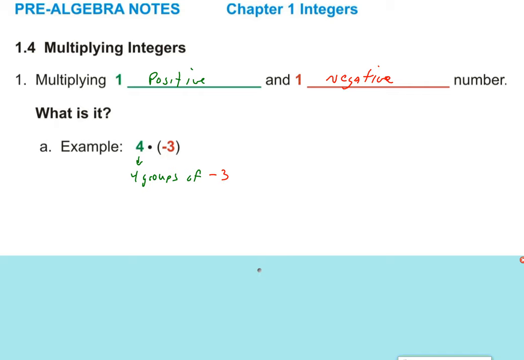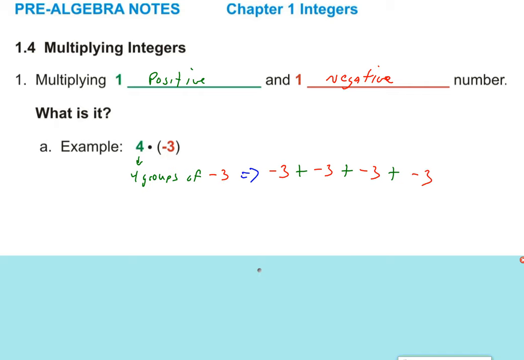So, what's actually going on? Well, we need to write 4 groups of negative 3, which means negative 3 plus negative 3, there's a second group, plus negative 3, that's a third group, plus negative 3, that's a fourth group.